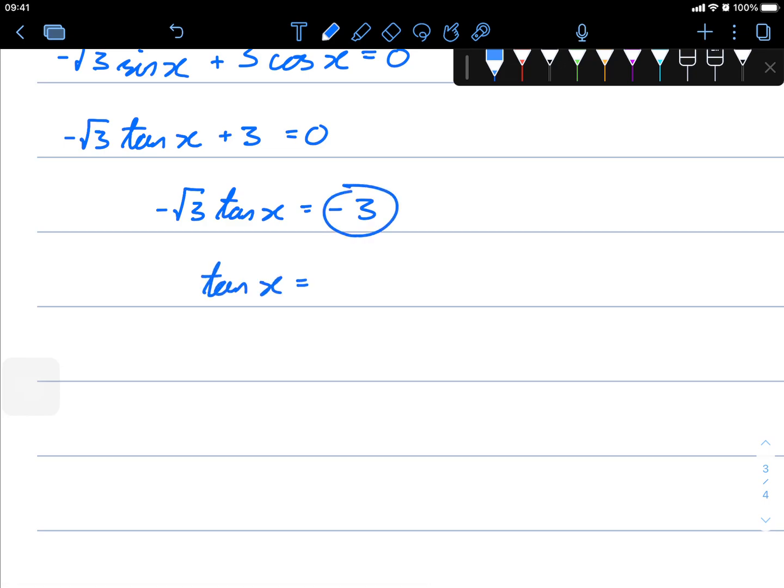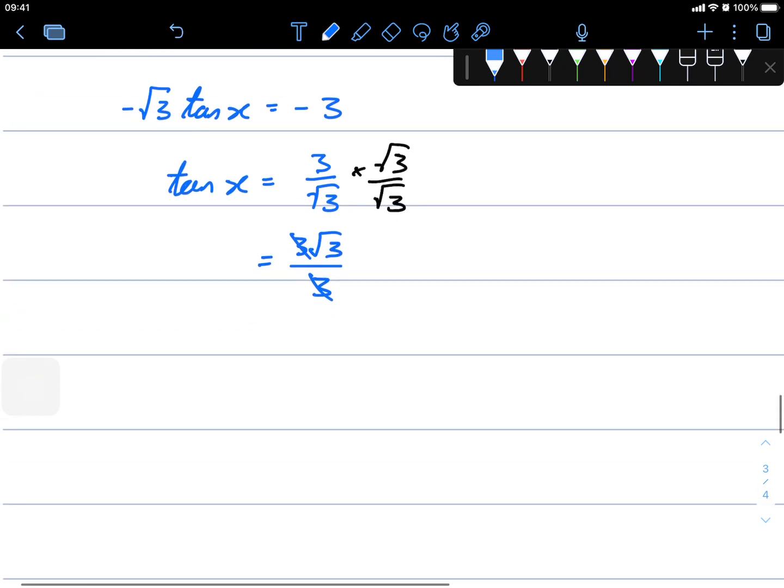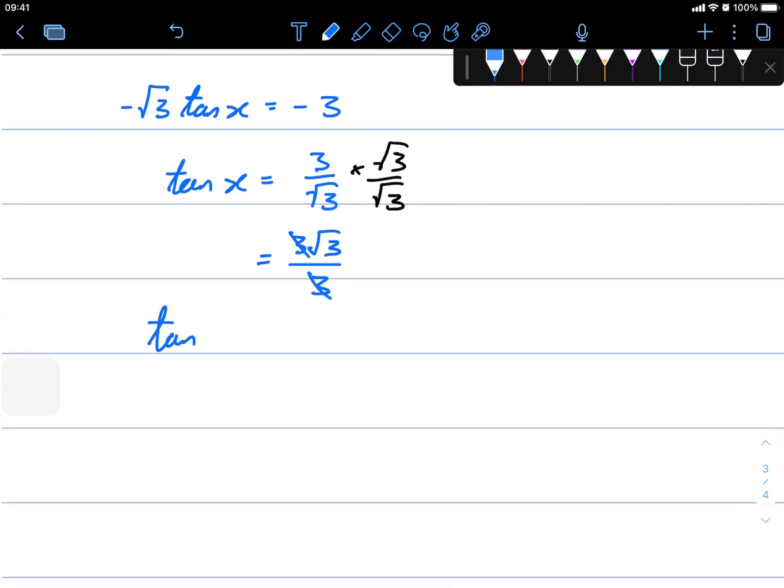So negative 3 divided by negative root 3 is positive 3 on root 3. This doesn't seem to be any angle that we know, but if we just rationalize the denominator, we get 3 root 3 over 3, cancelling. So we get tan x equals root 3.